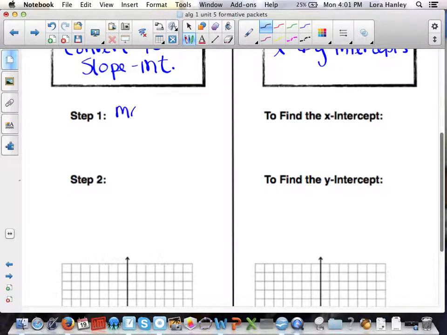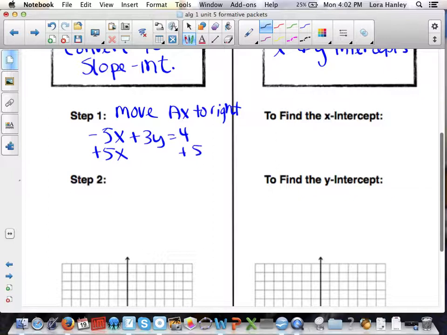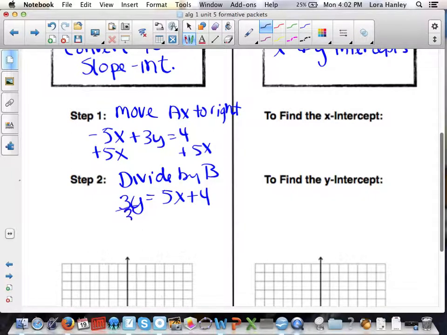So if we have negative 5x plus 3y equals 4, we're going to add 5x to both sides, leaving us with 3y equals 5x plus 4. Your second step is to divide by b. In this case, b is 3. So divide everything through by a positive 3.